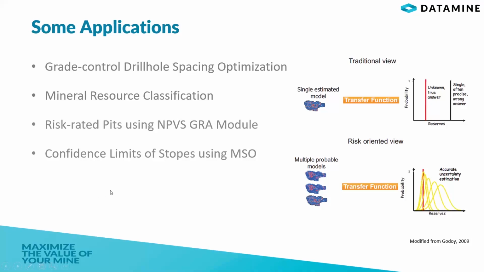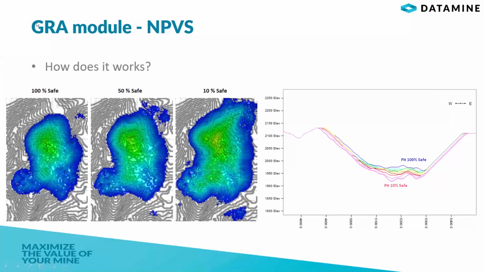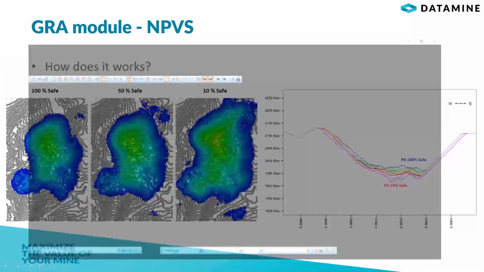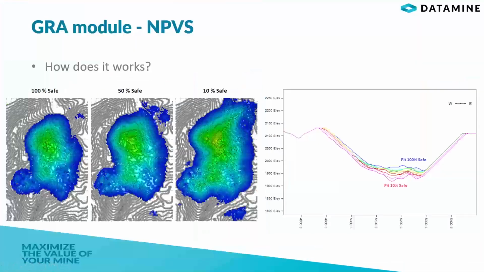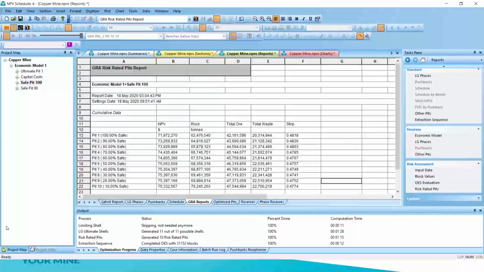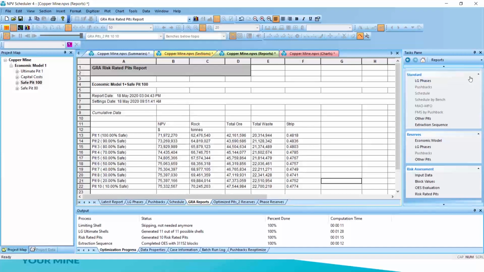The first one is the GrA module on NPVS. Let me show here. Basically, it's quite simple. The process is quite the same. You need a block model with the estimated grade and also with the simulations.